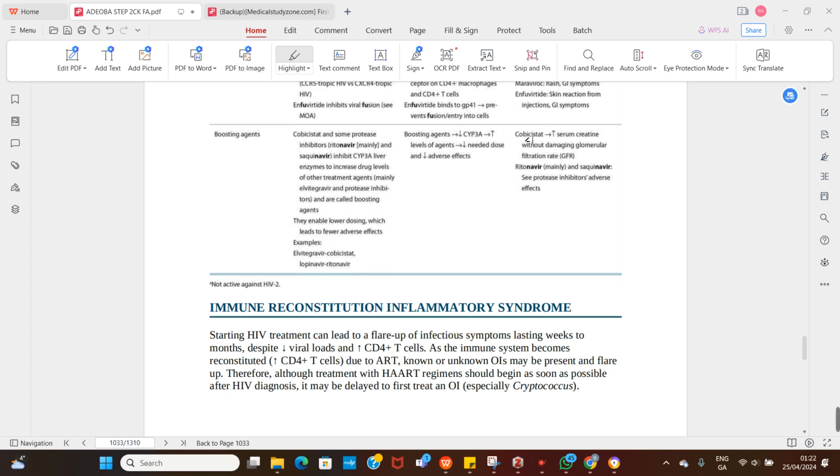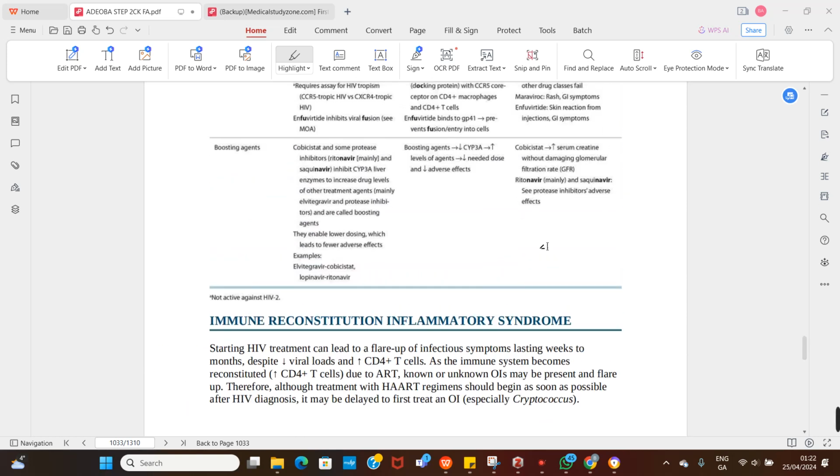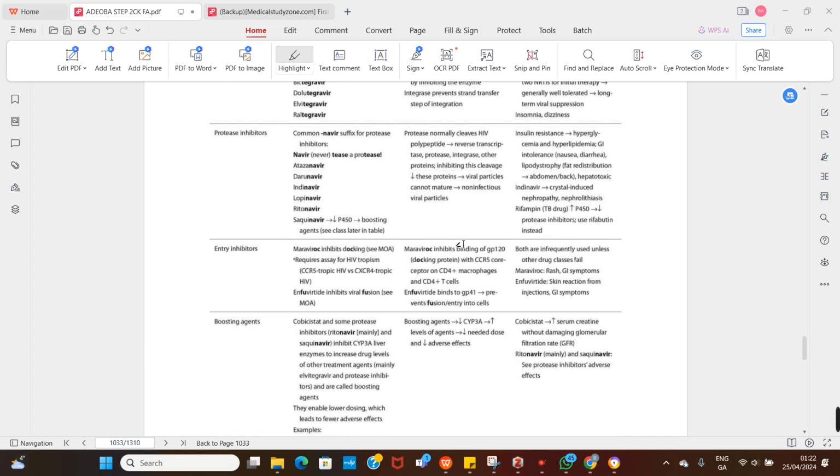So cobicistat's side effect is just to increase serum creatinine without reducing GFR. So cobicistat will not reduce GFR, and it will still elevate serum creatinine. So that's just about cobicistat. It's not very common. I've thought about where we need to pay more attention. Pay more attention to the specific protease inhibitors that have boosting activity.